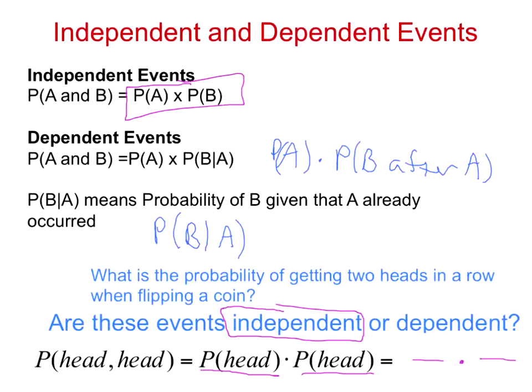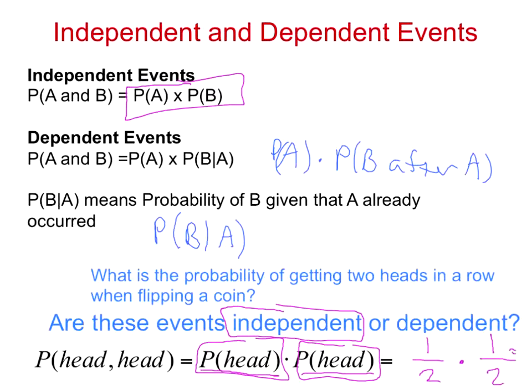So, what is the probability of getting a head? Let's think. What's my desired outcome? How many options are there to get a head? 1. Out of how many total options on a coin? 2. So that's my P head. Now let's do P head again. Probability of getting a head, how many heads are there? 1.